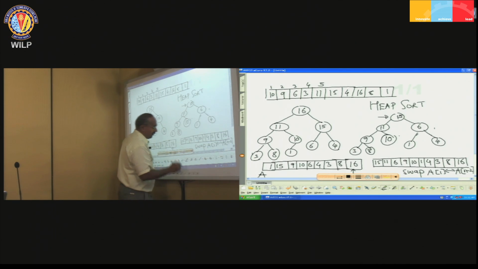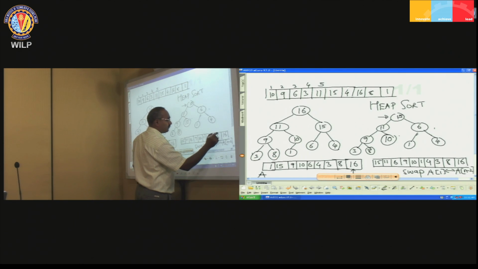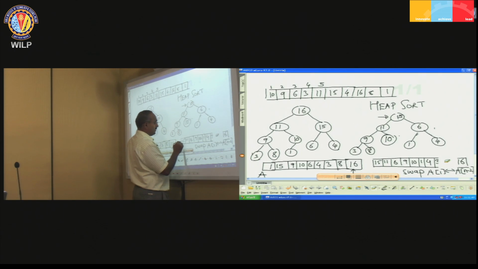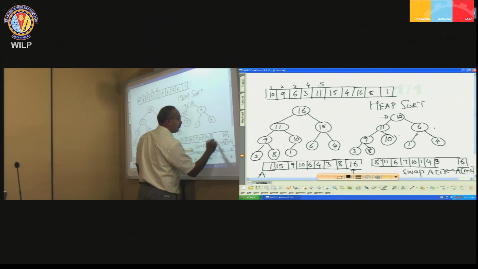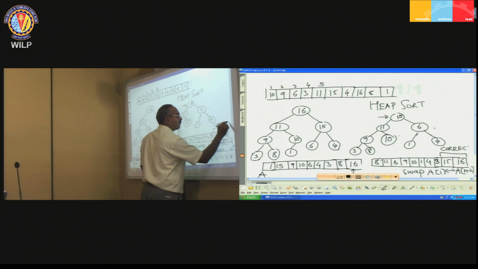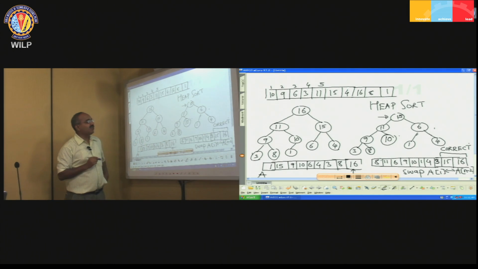Once I do this swap, 8 will go here, this is going to be my 3, and this is going to be 15. So, these two are in the correct position: 15 and 16 are in their correct positions.